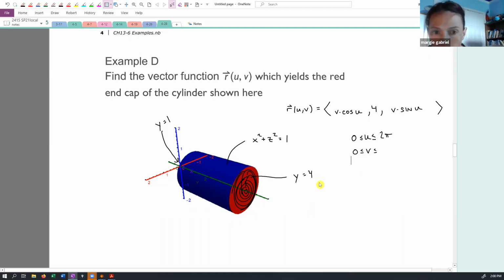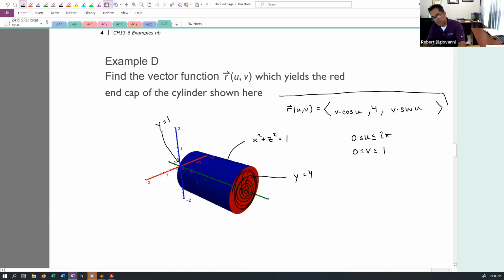The function is 1, but the radius is going to be 4, correct? Well, the disk is controlled by the cylinder, isn't it? And so the cylinder has a radius of 1. Oh, okay. So that is going to be your limit then. Yeah, so 1 on the v. And that should do it.